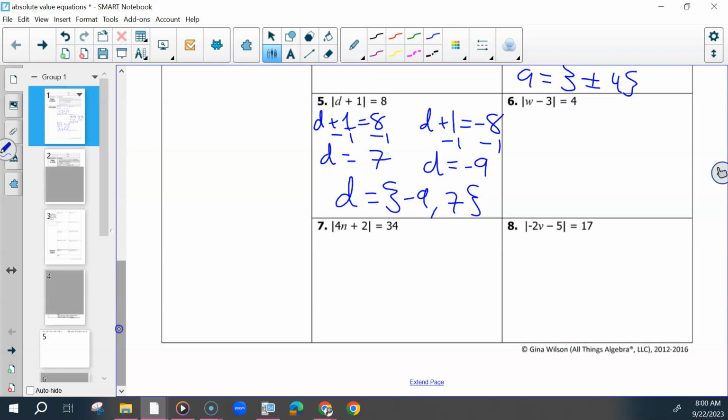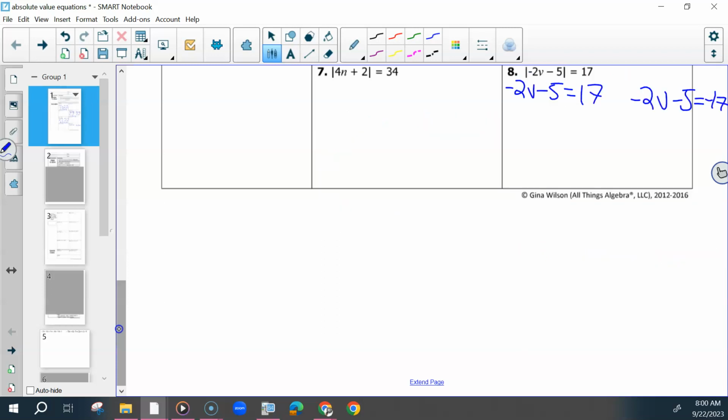Number 8, let's do the same thing. It's already isolated. So drop the absolute value, set the inside equal to a +17 and a negative. As we start to solve it, what would we do first? -5 to both sides. Correct.